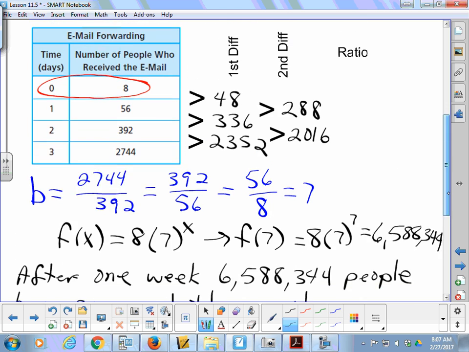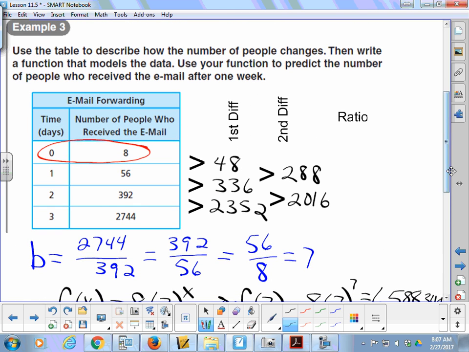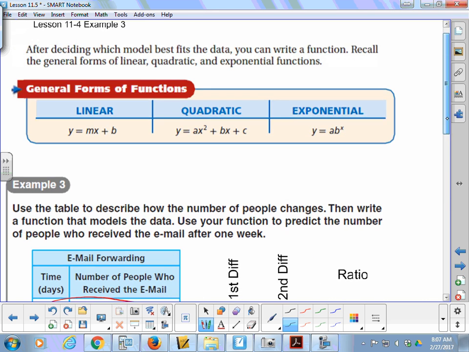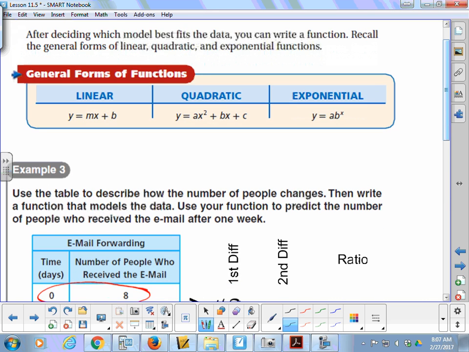So we first determine, all right, is it linear? Then the first difference would be the same. If it's quadratic, the second difference is the same. If neither of them, then we try the ratio and see if they're the same. And in this case it's 7. So once we find that, we can find the equation using the general forms of each of them.